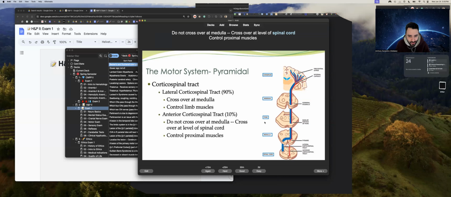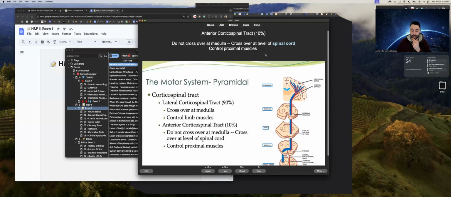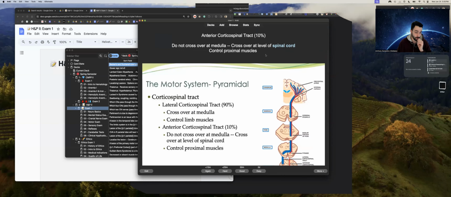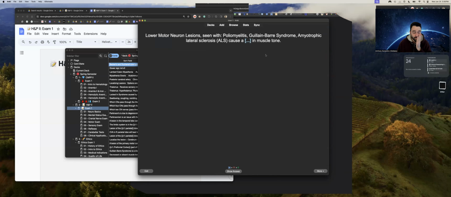What level of the spinal cord? Like as soon as medulla ends? I don't really understand what that means. All right, I'm not going to think too much about that. But anterior does not cross over at the medulla. But yeah, the level of the spinal cord, isn't that inches below the medulla? I don't even know if I got that right, but I'll take it.